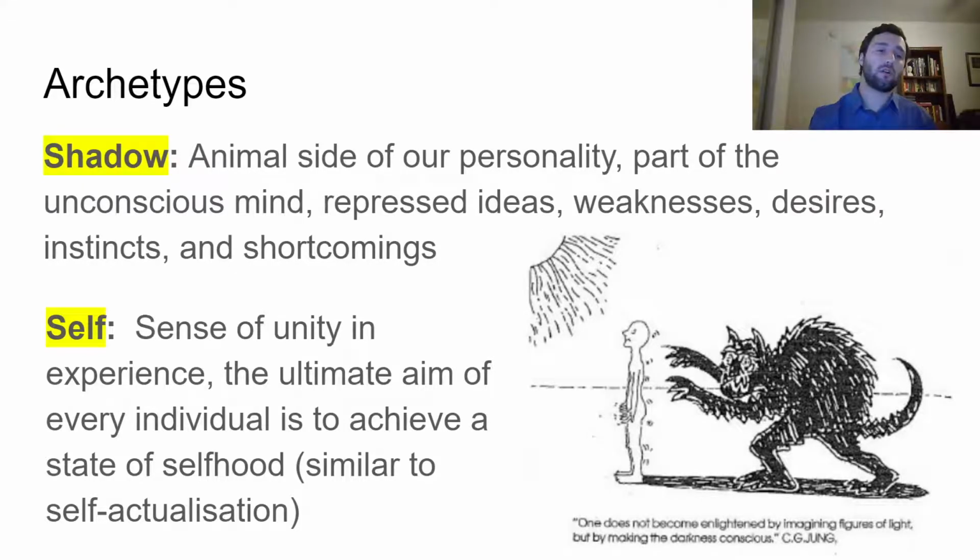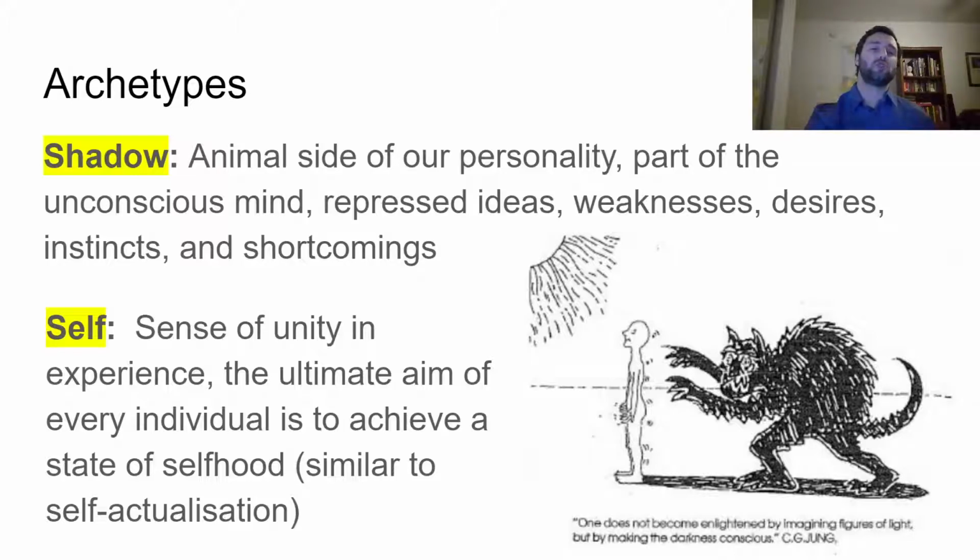That gets us to our next two, which are the shadow and the self. So the shadow is kind of similar to the id, actually. The shadow is the animal side of our personality. It is part of our unconscious mind. It's repressed ideas, weaknesses, desires, instincts, and shortcomings. Now, it's similar to the id in this unconscious, more animalistic aspect of who we are.